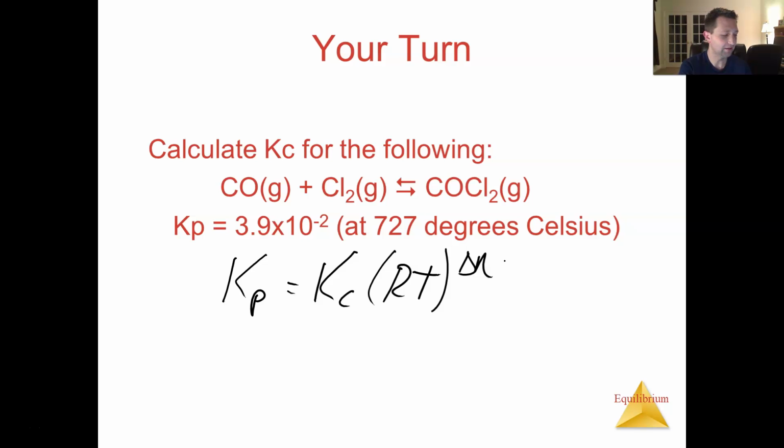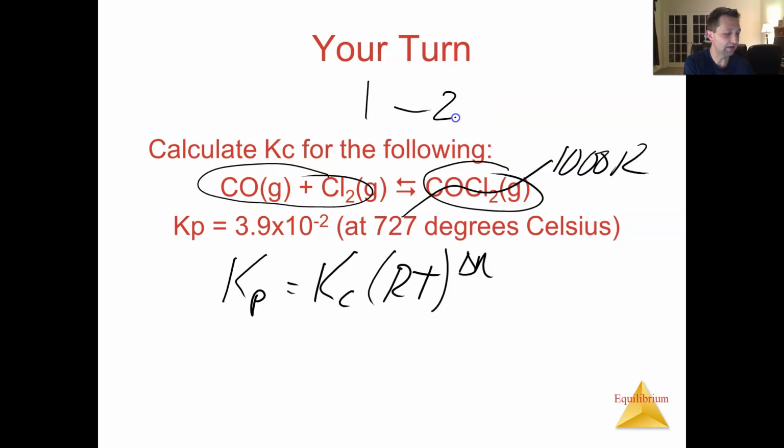My temperature is 727 plus 273. That gives me 1000 Kelvin. And what else? Delta N. What should the delta N be? I have 1 mole of product minus 2 moles of gaseous reactant. So delta N is -1.